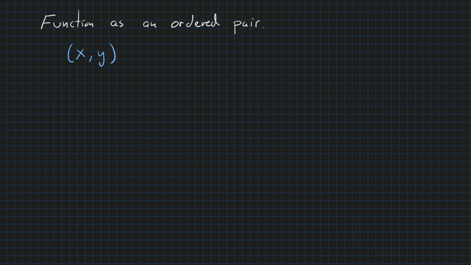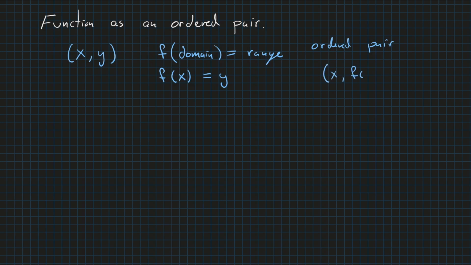But what this is really saying is that we have this new notation, say f. F assigns something in the domain to something in the range. In this case, f assigns the value x to the value y. So as an ordered pair, this is really x comma f of x.